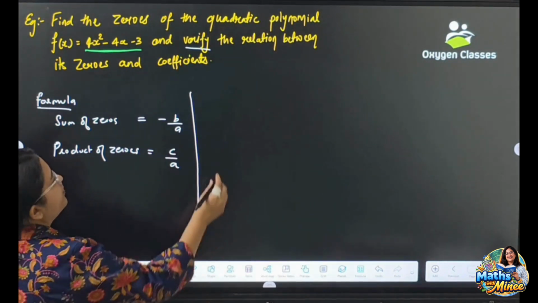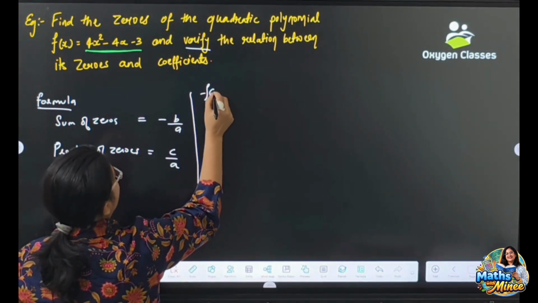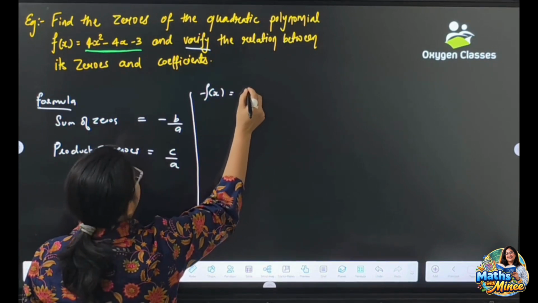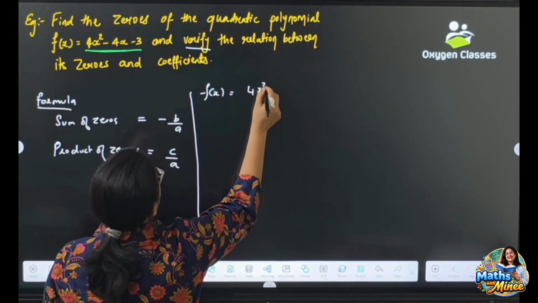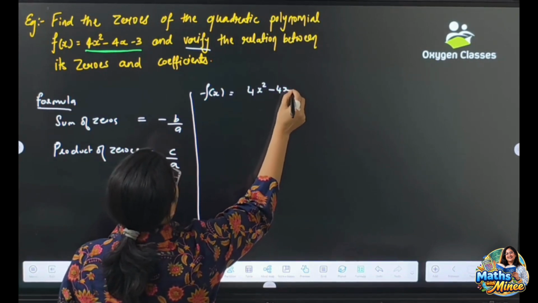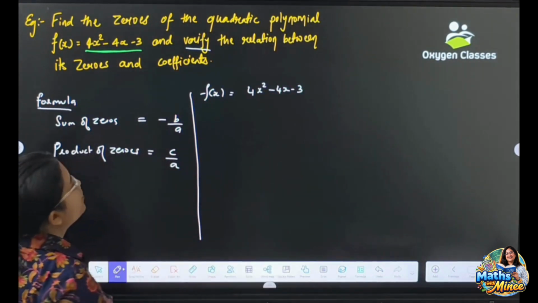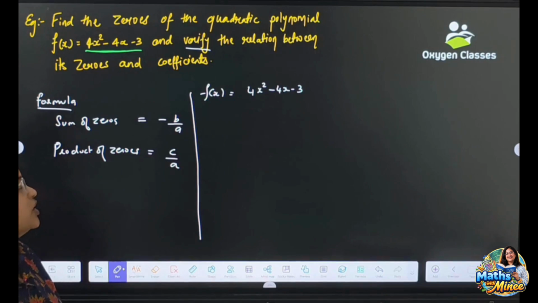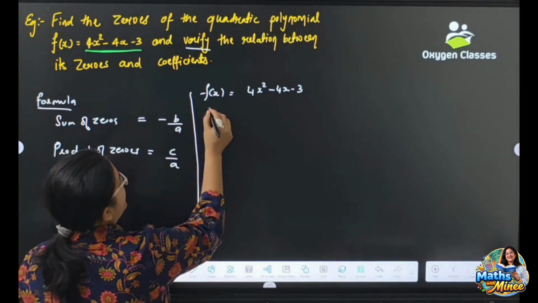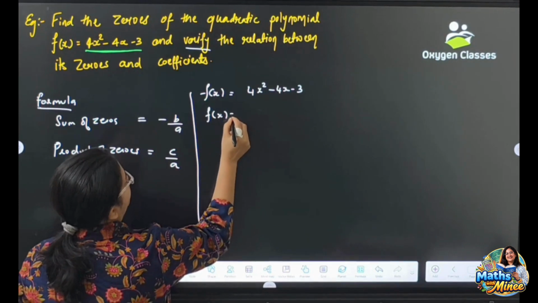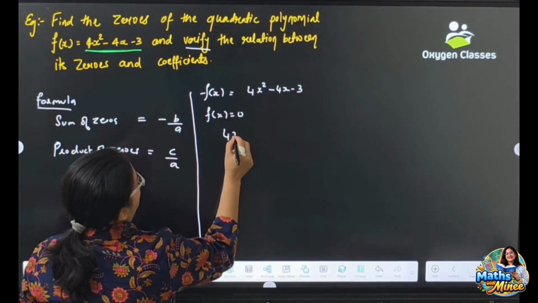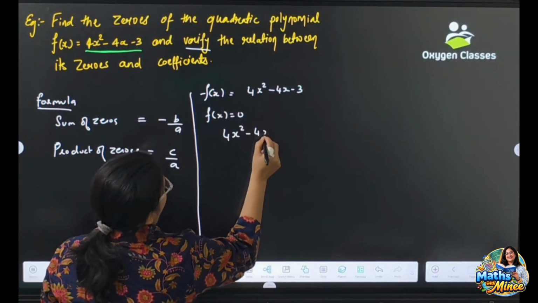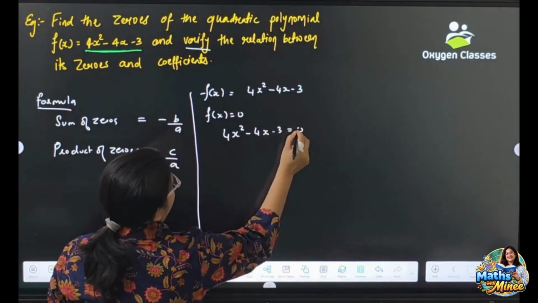First of all, the function given to you is f(x) = 4x² - 4x - 3. When you want to find the zeros, f(x) should be equal to 0. It means 4x² - 4x - 3 = 0.